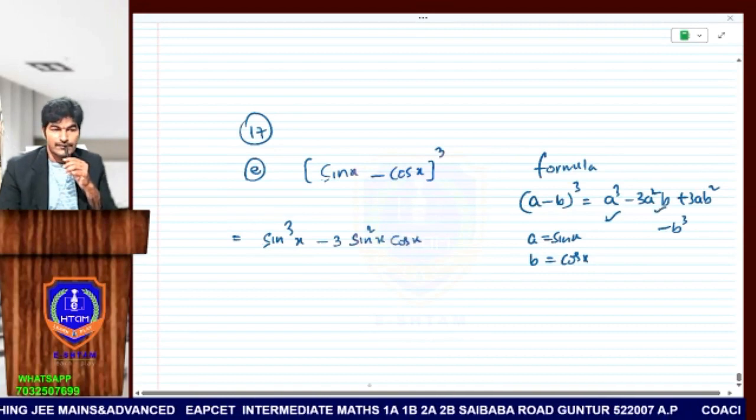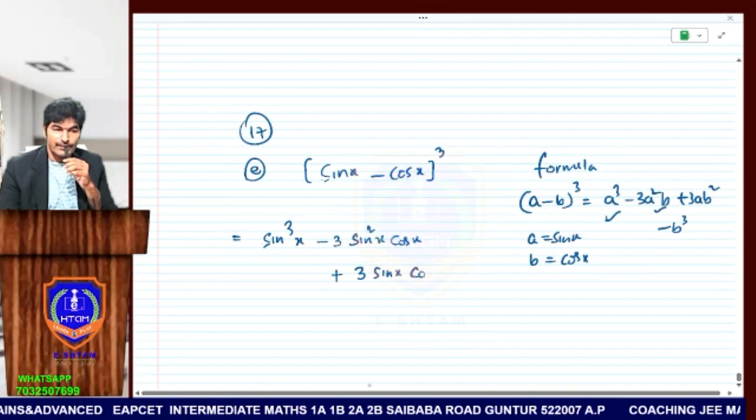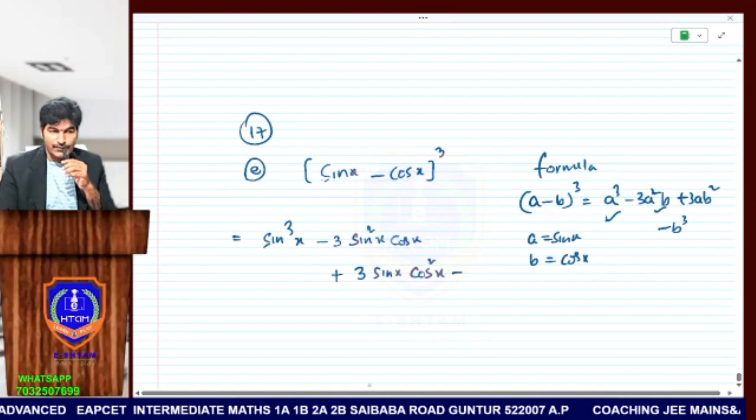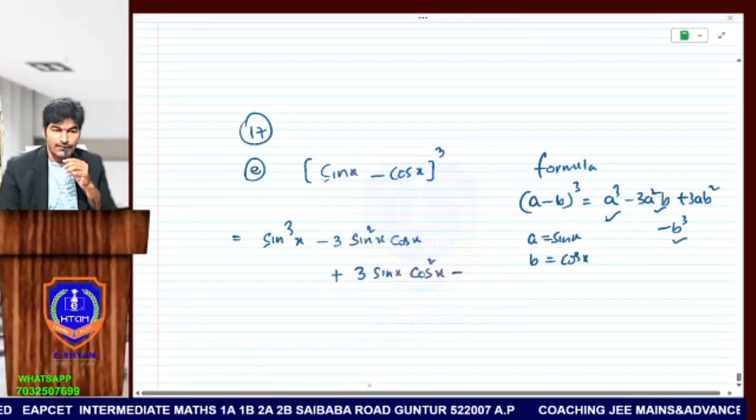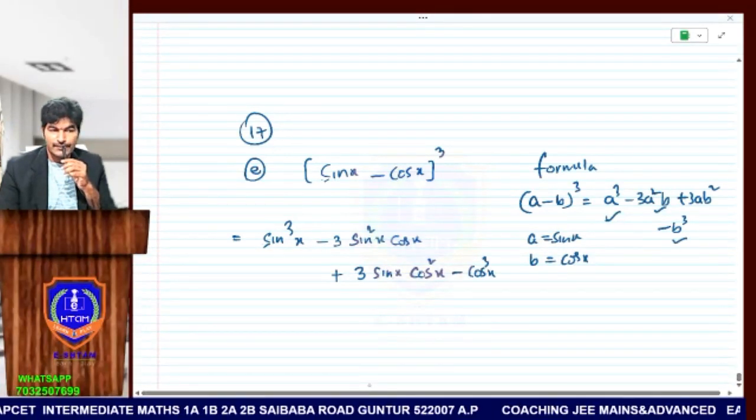Understood? And next plus 3a, a means sin x, b square means cos square x, minus b cube. b cube means, b means what? Cos x. So cos cube x. Understood up to this one?